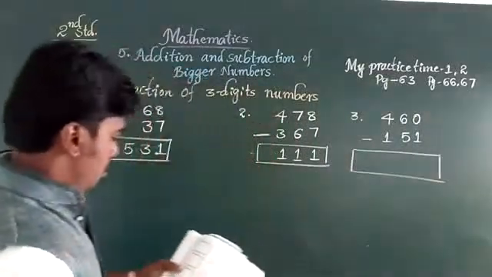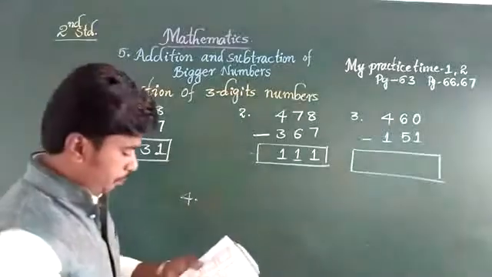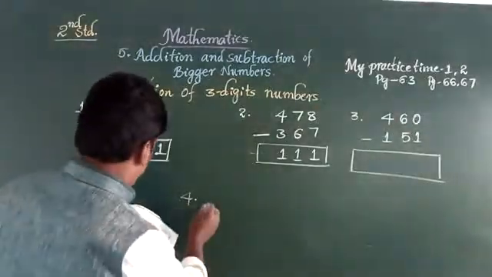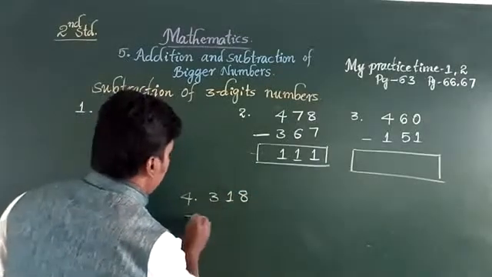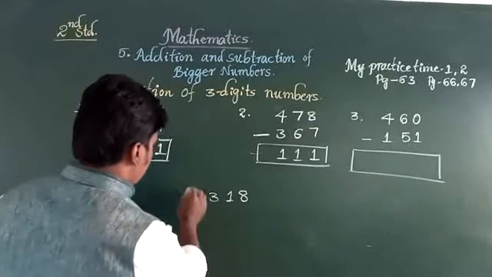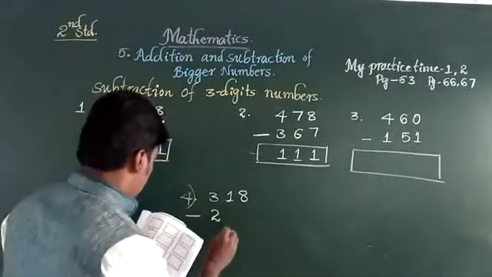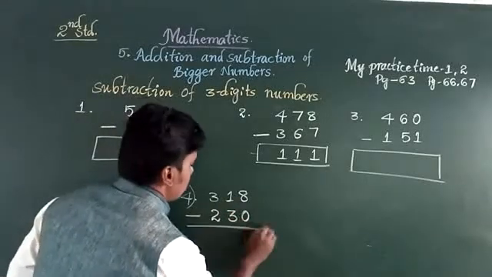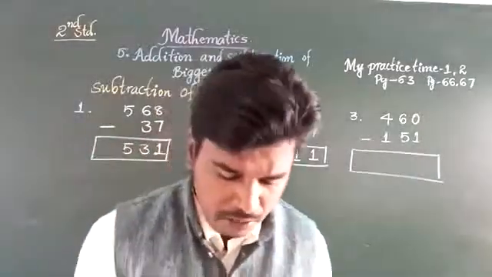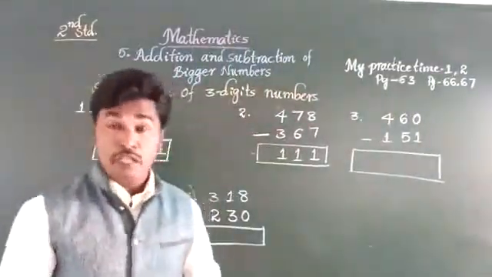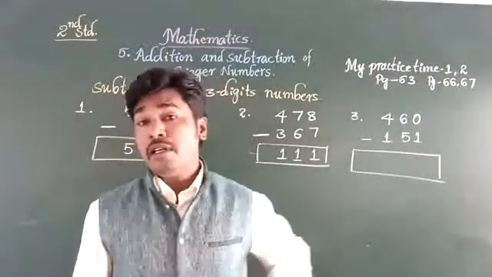The fourth one, I am going to write down: 318 minus 230. Observe, dear children, it's very easy. These types of problems, addition and subtraction, are very easy problems. You can do them whatever numbers they give.